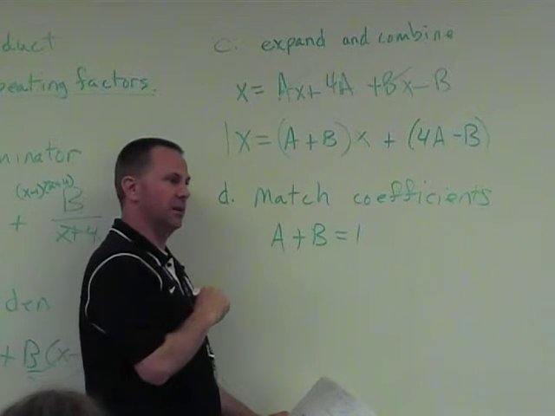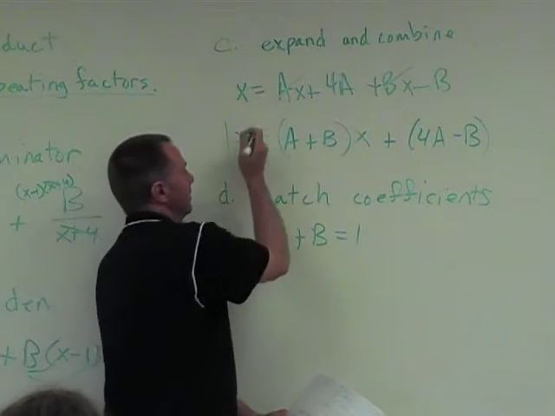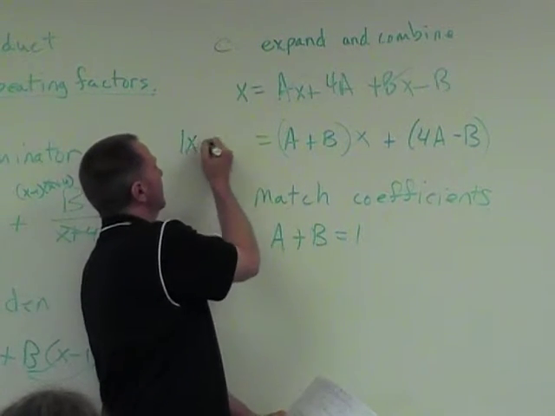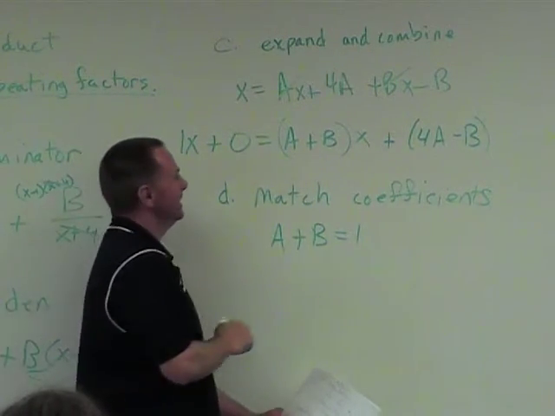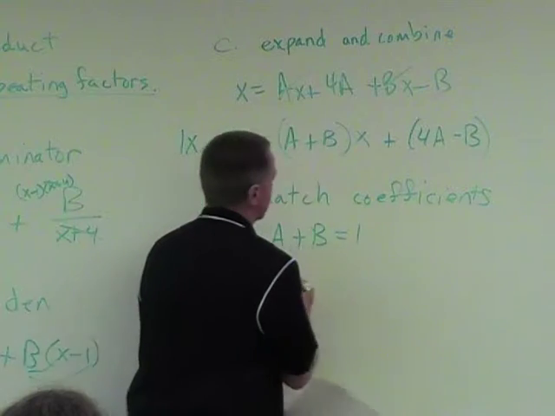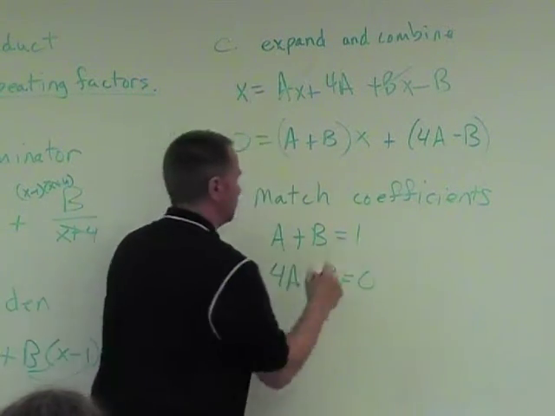What's the constant on the left side? Constant is just a number by itself. Let me write it like this. 0. So 0 matches up with this. So we have 4a minus b equals 0.